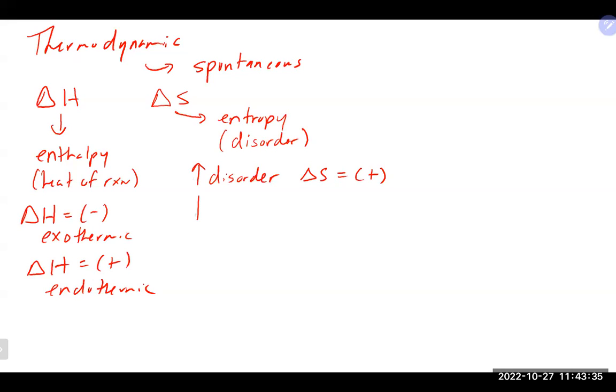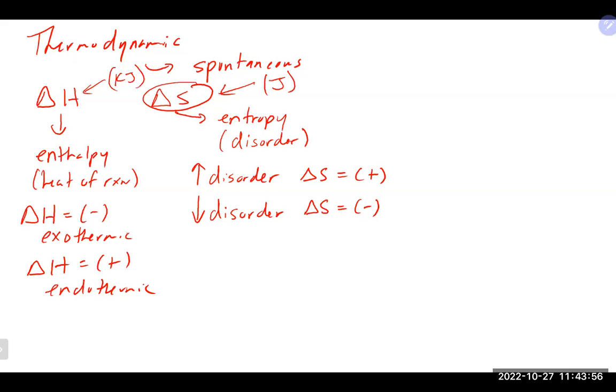If the amount of disorder decreases, meaning there's more order, the delta S value will be negative. Also important a little later in this chapter are the units: typically joules for delta S and kilojoules for delta H.